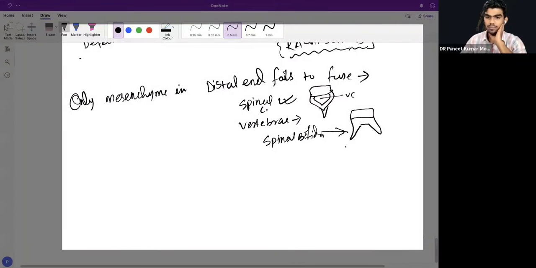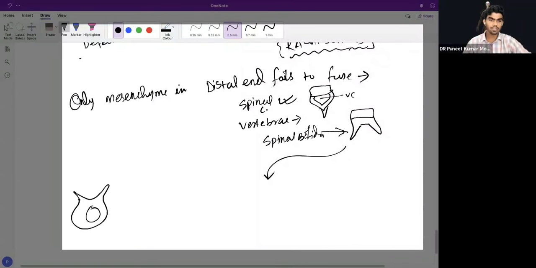Now, if the spine is not fused, then there may be a condition where, look, this is the vertebral column. This is the body of the vertebra. Here should be your spinal cord with the spinal canal or central canal. Okay, this is the spinal cord.